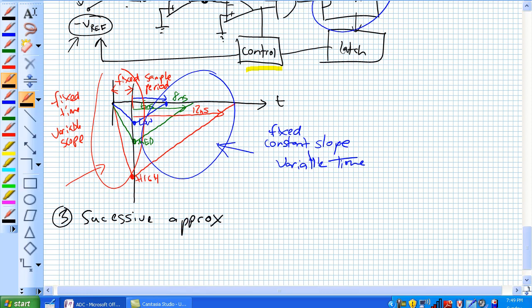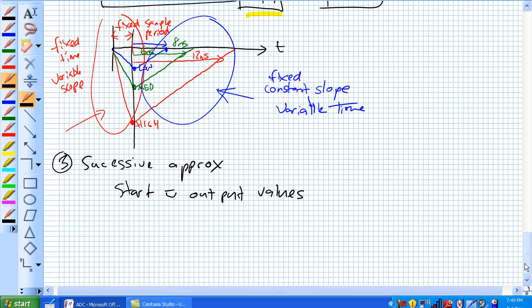Basically, you start with a set of output values. And what you do, you take your input and you see if it's equal to the output. So you compare it with your input.